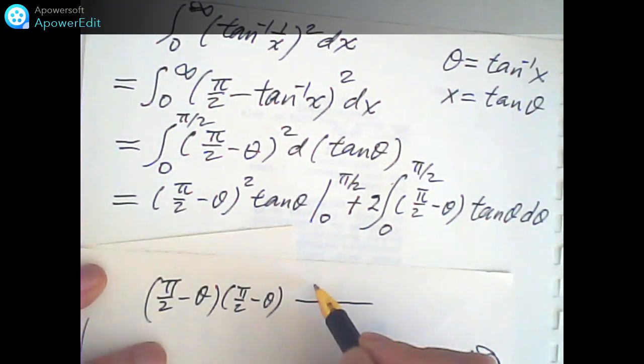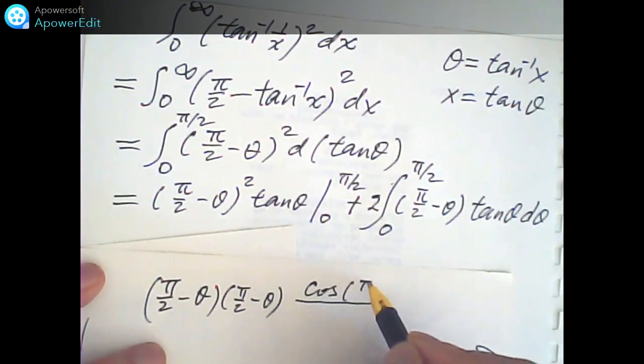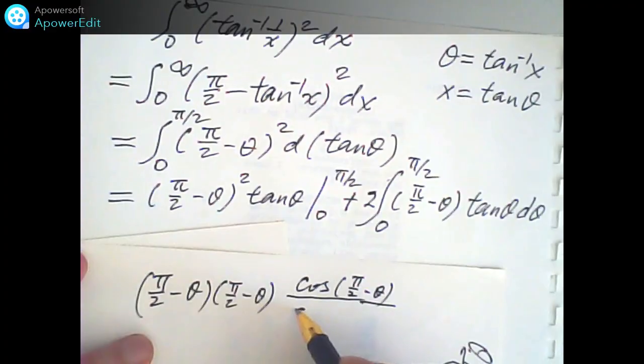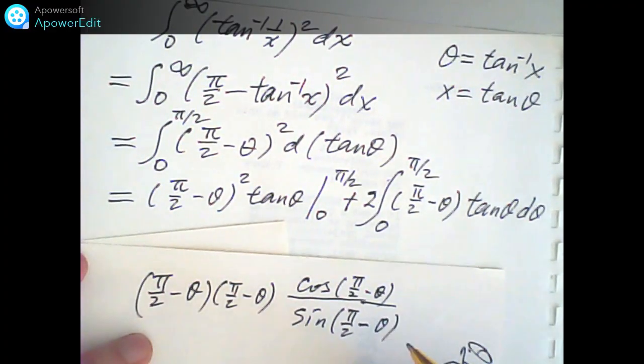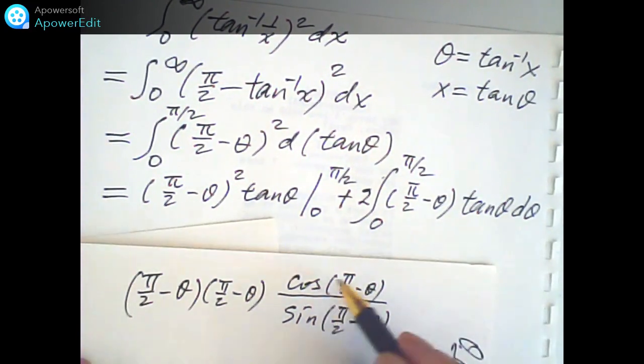So this becomes cosine of half pi minus theta over sine of half pi minus theta, that is cotangent of half pi minus theta, which is equal to tangent theta.